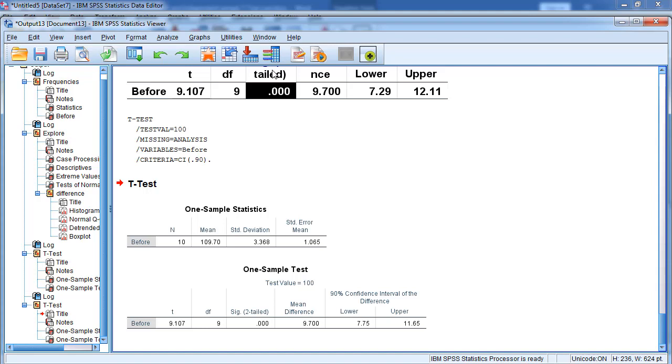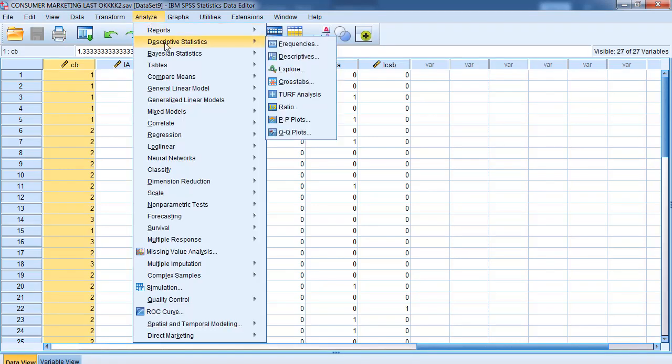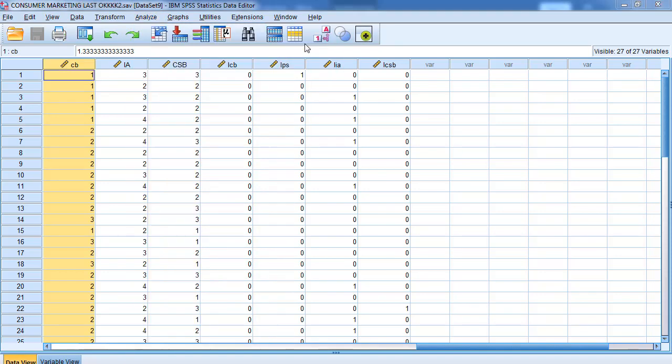But sometimes we can use the one-sample t-test for Likert points. For example, let me go to the data, and this is the Likert point. Let me say this is consumer behavior. I want to test. First I go to Analyze, Descriptive Statistics, Frequencies.